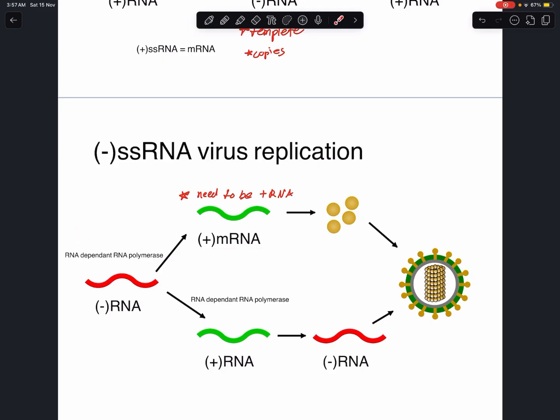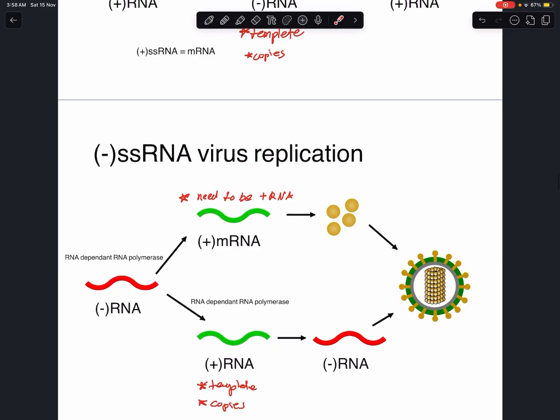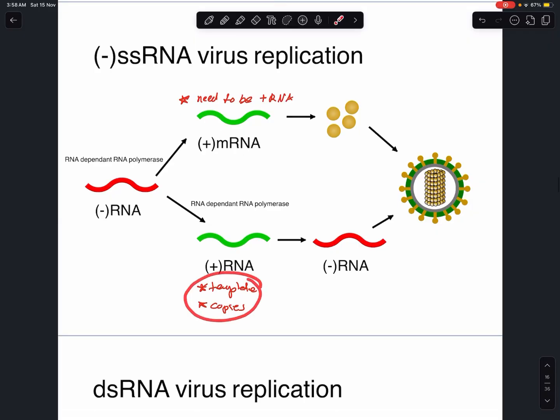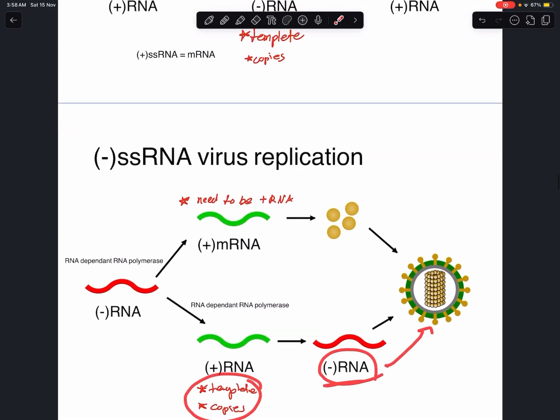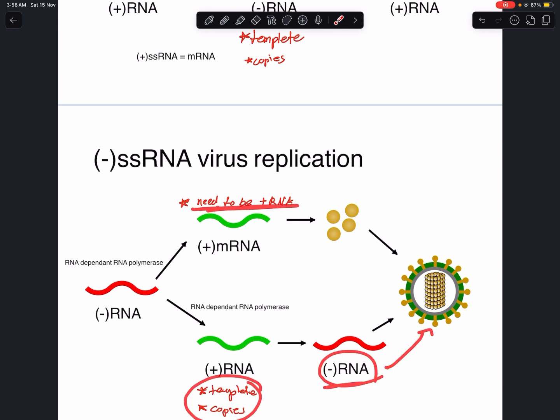So here, as we said, it's going to be turned in this pathway to a template, which we will be using to make more copies.